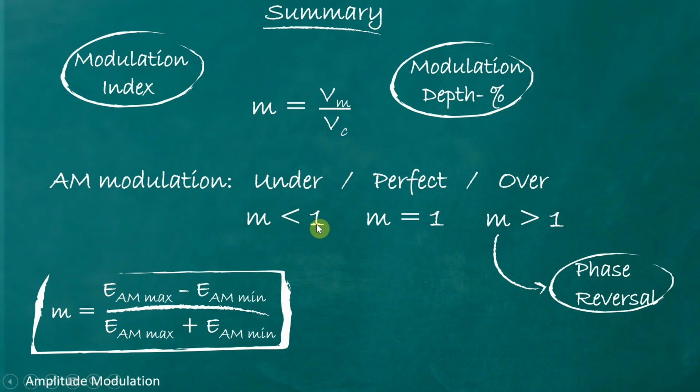If m less than 1, it is under modulation; m equal to 1 is perfect modulation; m greater than 1 is over modulation, also known as phase reversal. In our modulator design we have to avoid this case, as there is phase reversal and the demodulator cannot retrieve the original baseband information signal transmitted from the transmitter.